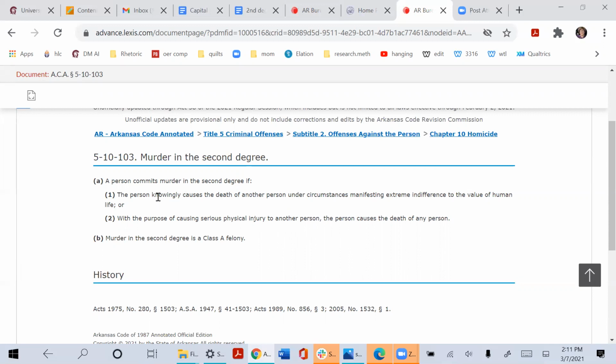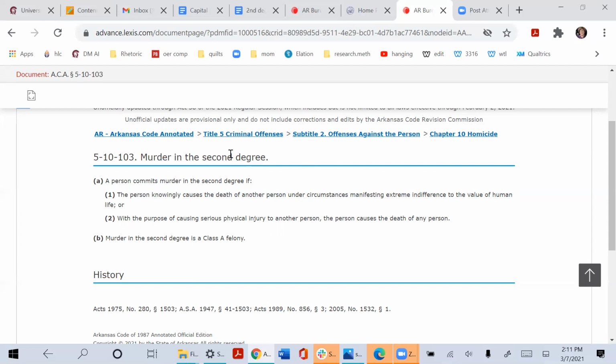So the adverbs are extremely important. We have a knowingly adverb, and then we have an adverbial phrase, under circumstances manifesting extreme indifference to the value of human life. And so that is the level of guilt associated with second degree murder.